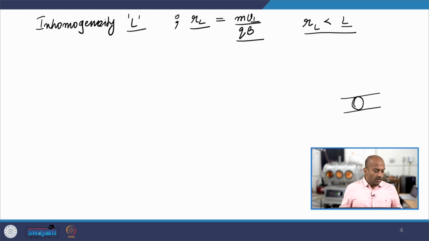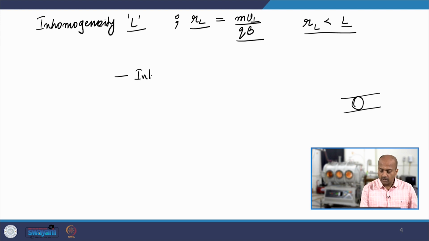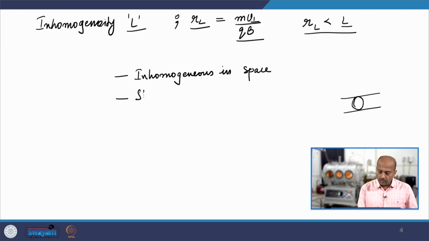So, let us say the basic conditions are that the magnetic field is inhomogeneous in space, and it is static in time.